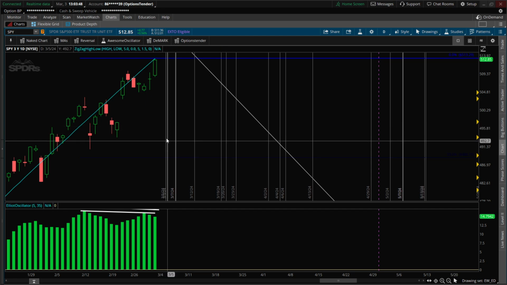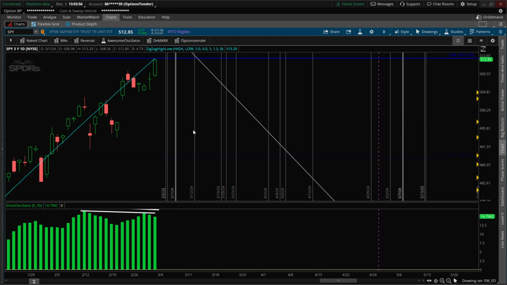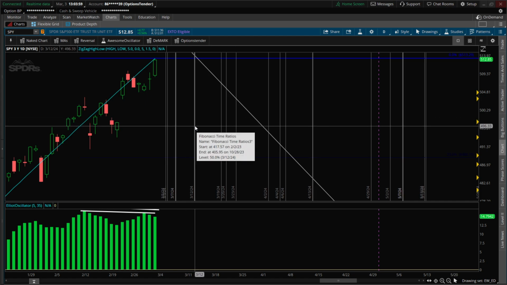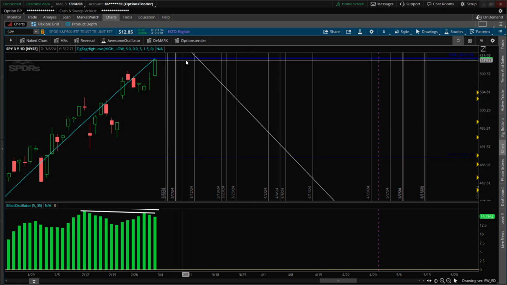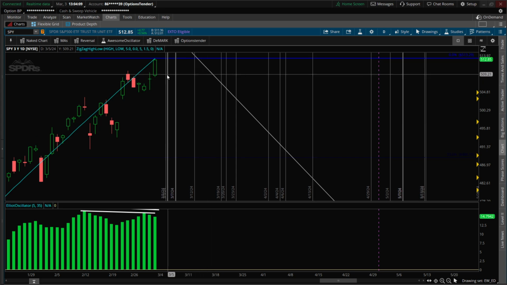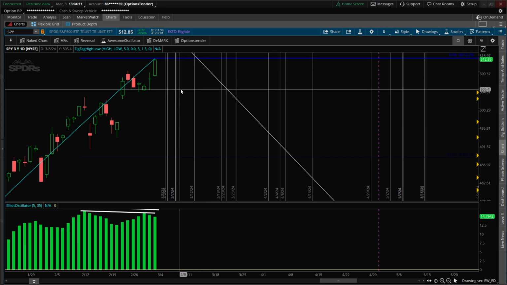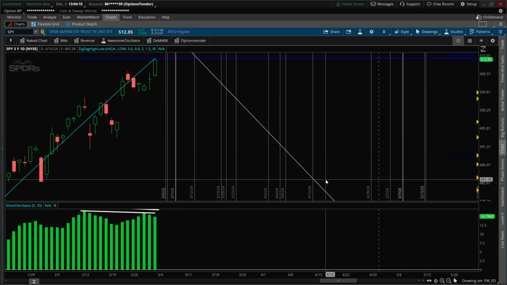But you notice you have all these extensions here on wave 5, the time ratios on March 5th, and then the 7th, and then right after the weekend on the 12th. So that's our window. We're coming into that window next week with Powell and all sorts of information, ISM, things like that. So that's a good window to be wary that this move might have ended there.